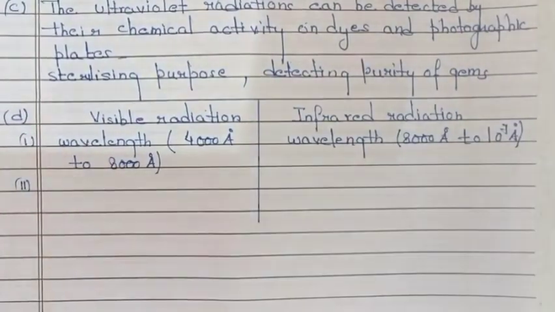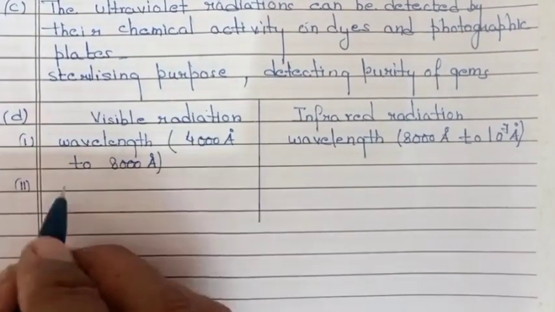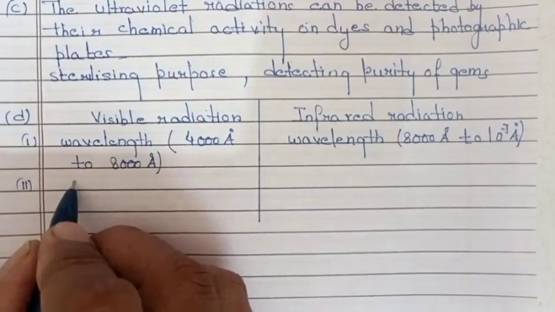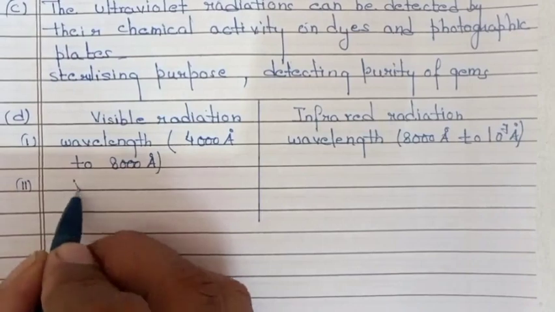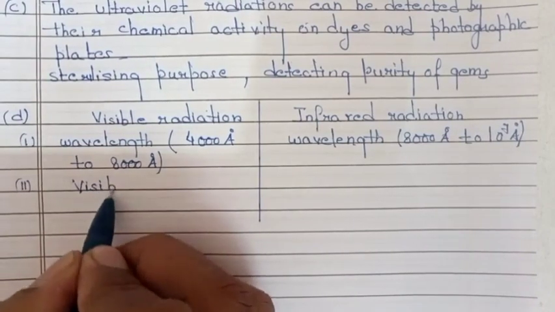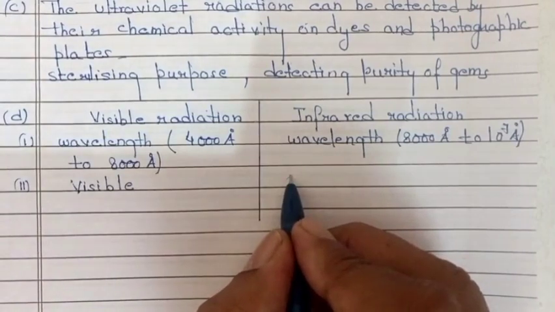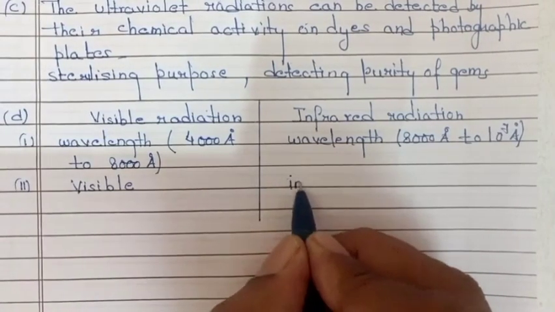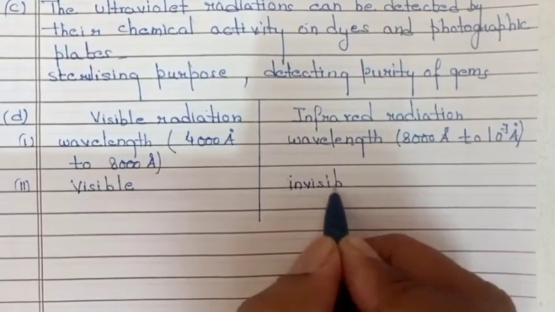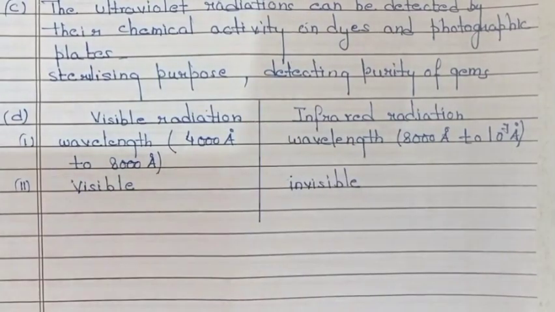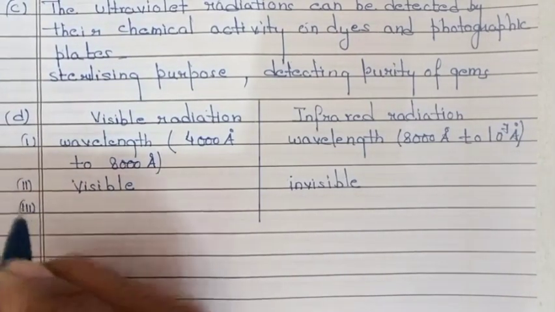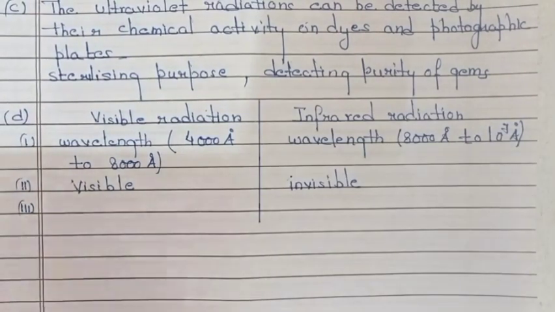Now let us move to the second one. Second one, you can say that visible light is visible, whereas infrared is not visible, or you can say they are simply invisible. This is the second difference. If you want to give one more, you can, but in the examination they've asked only for two, so there's no need to give the extra one.